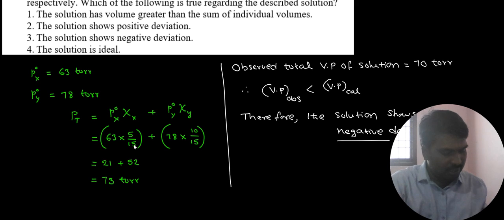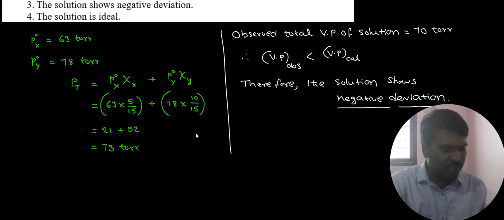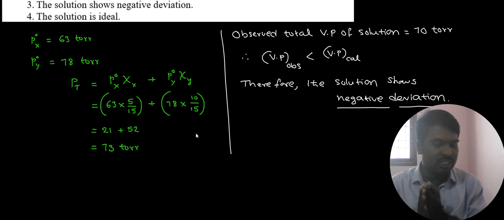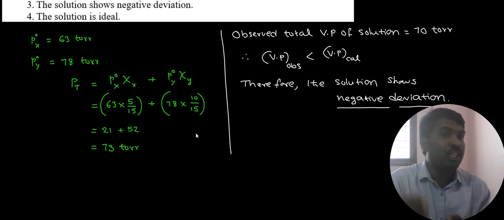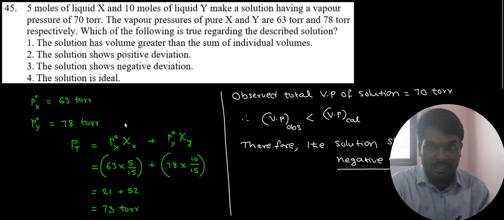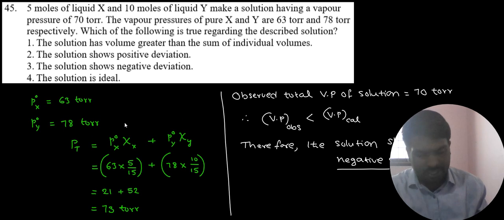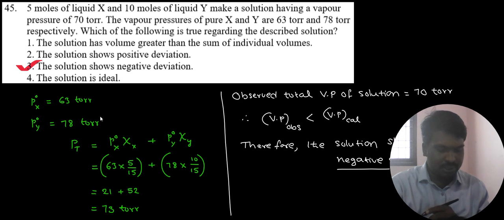So here the solution shows negative deviation because the observed value is low as compared to the calculated value. The calculated value is 73 torr and the observed value given in the question is 70 torr. So it shows negative deviation. Which option is the right answer? Option 3 is the right answer.